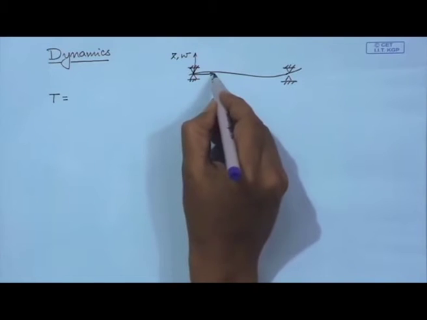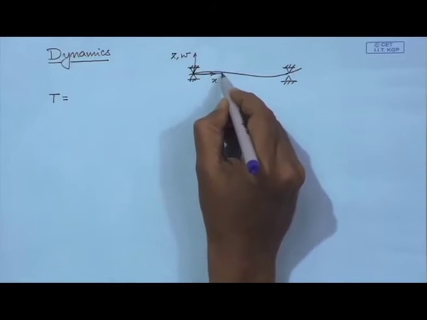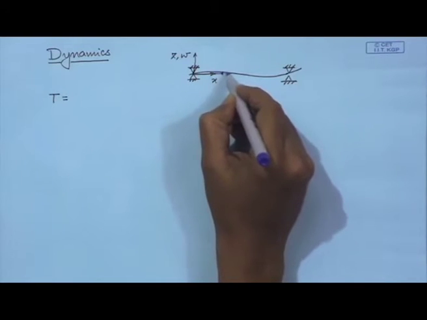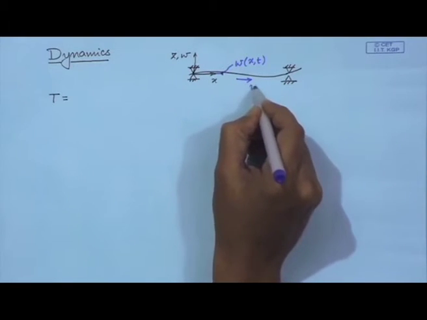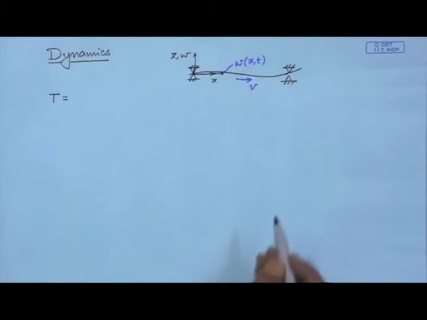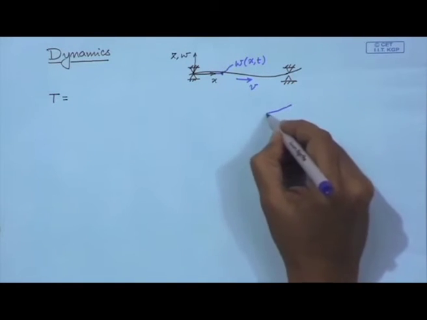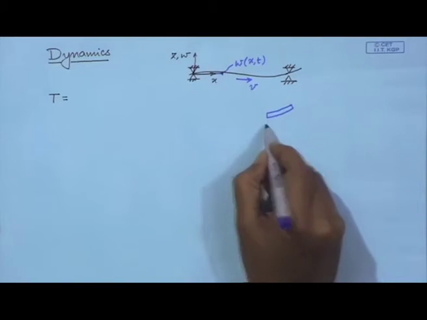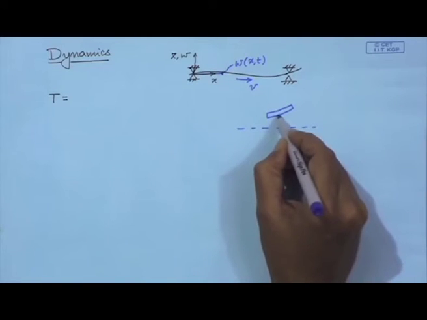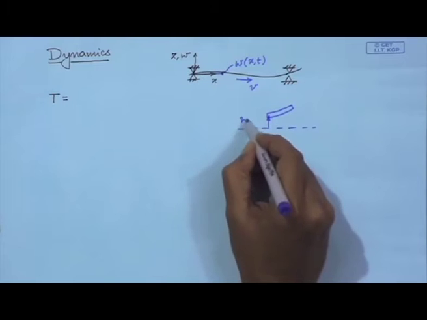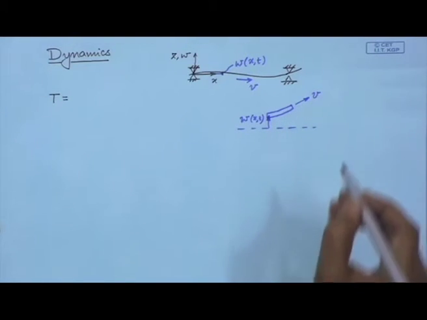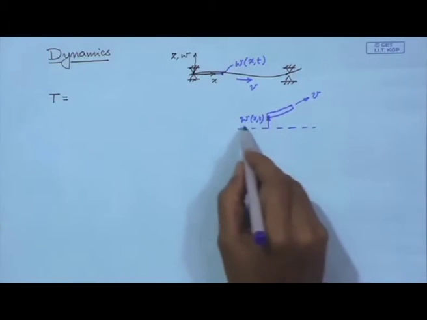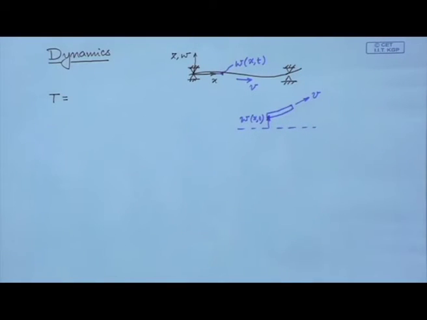If you consider the transverse displacement of the string at any location x as w(x,t), then if I draw this little element at location x, this element has a displacement w(x,t) and it is moving at a speed v.